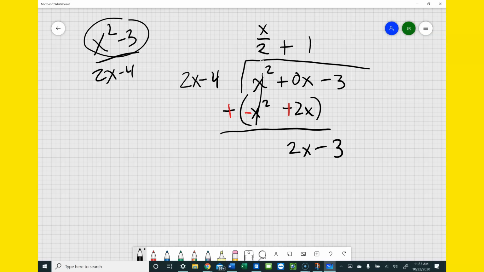Then you take the 1 and multiply it by this and write it down here. So 1 times 2x minus 4 is 2x minus 4. Distribute the negative. 2x plus negative 2x is gone. Negative 3 plus 4 is 1. And there's nothing left to bring down, so this is the remainder.